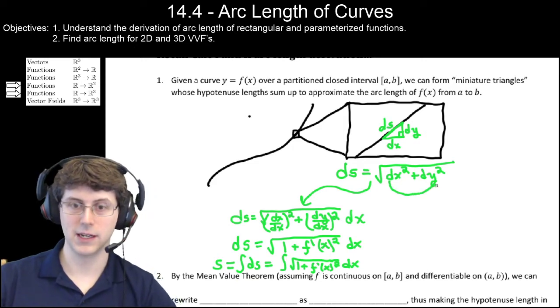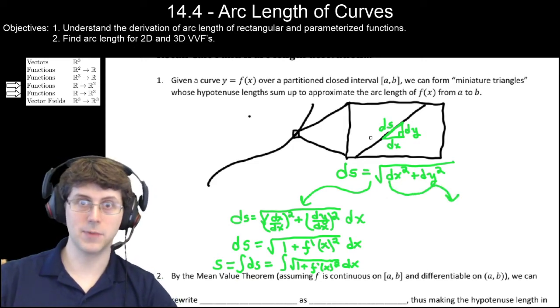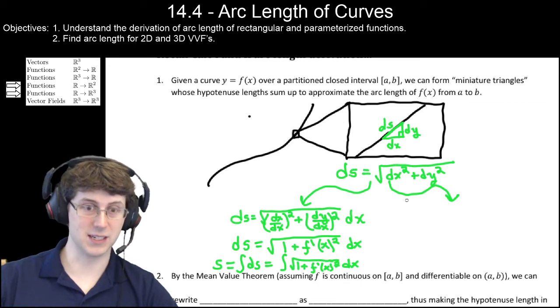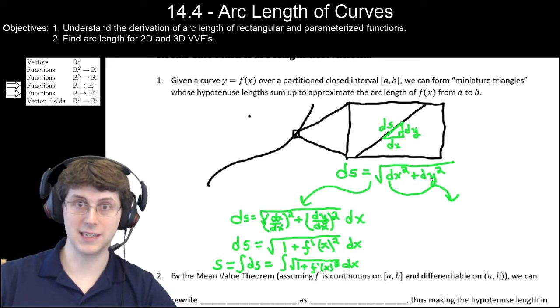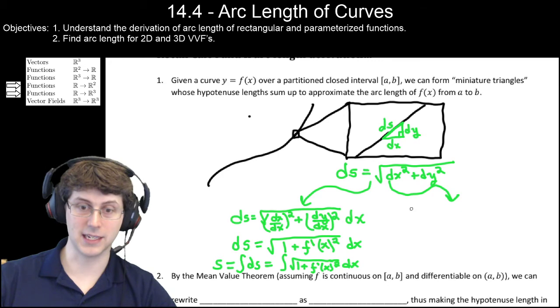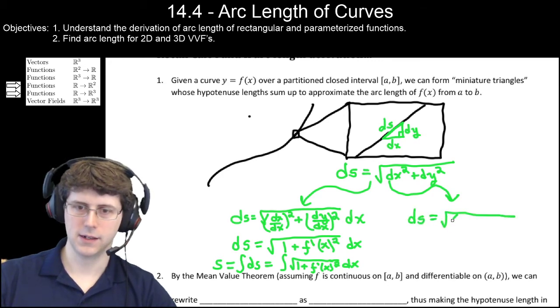The other formula you may have gotten in your Calculus 2 class if you did some parametric equations was to do the whole thing with dt, so you factor a dt out of the right side. So instead of dx dx and dy dx, now you'll have dx dt and dy dt.